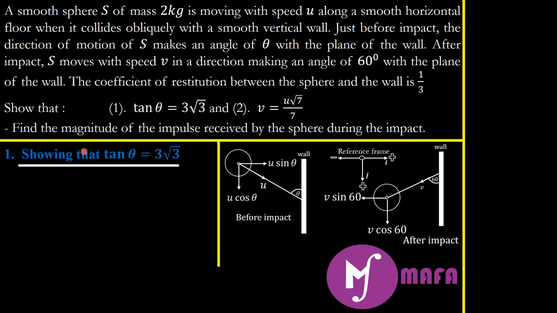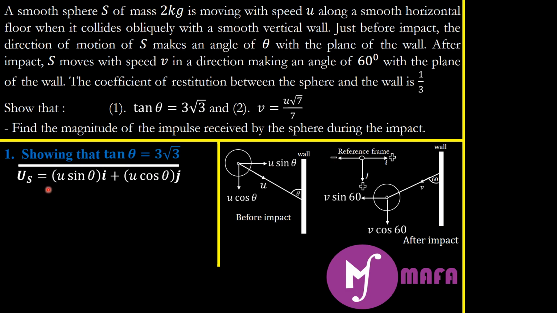So we have to show that tan theta is 3√3. The first thing to note is that the initial velocity of the sphere is simply the sum of the horizontal and vertical components, since it is a vector. The speed is u, but the velocity is a vector quantity. So horizontally is u sine theta i, plus vertically u cos theta j, and downward is positive, to the right is positive.